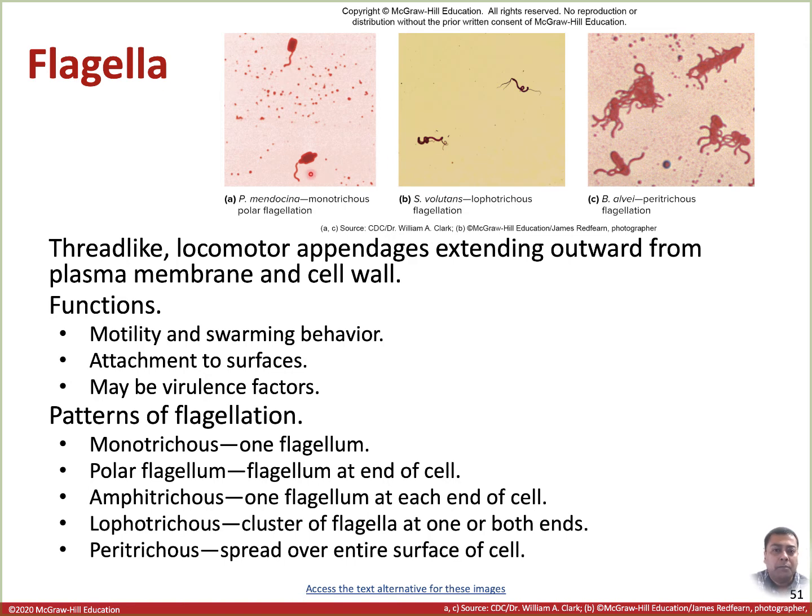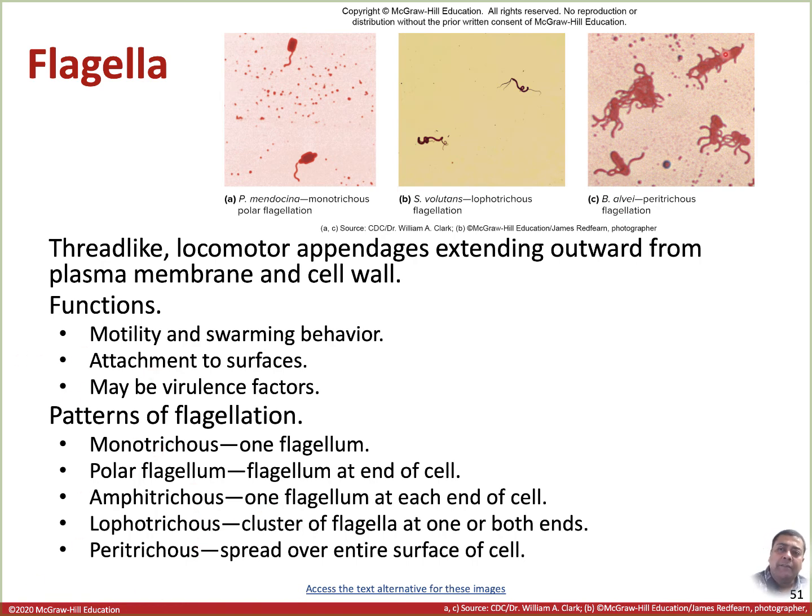It's not shown here, but if you have a flagellum at one end and the other, we call them amphi. Amphi means both. Amphitrichous flagella is one flagellum at each end. On the other hand, lophotrichous is if you have a bunch or cluster of flagella at one or both ends of the bacterium. These are very important for your quizzes as well.